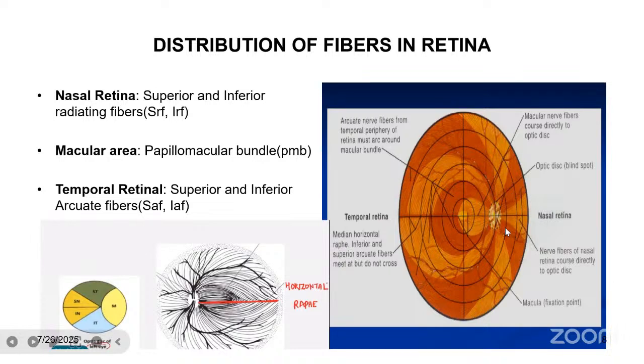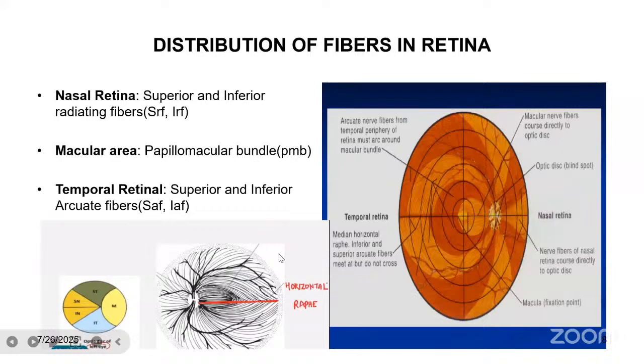While the macular area, known as the macular bundle, also goes in directly into the optic disc, the superior and the inferior arcuate fibers make an arc around the macular area before entering the optic nerve head.